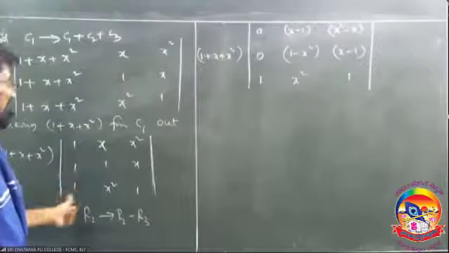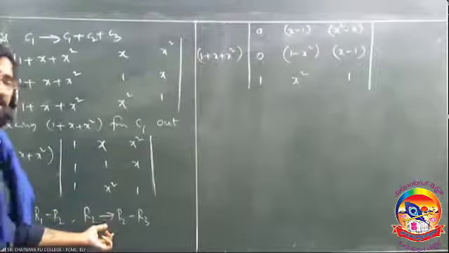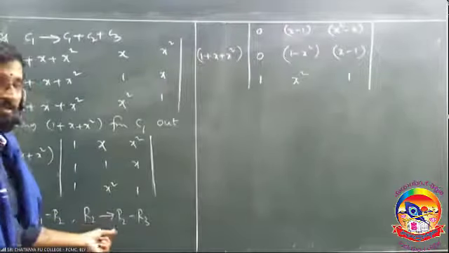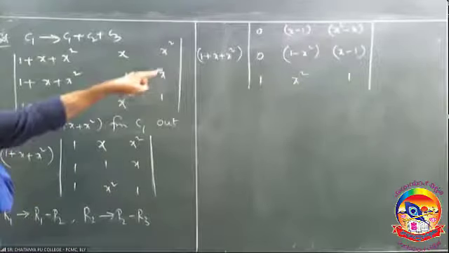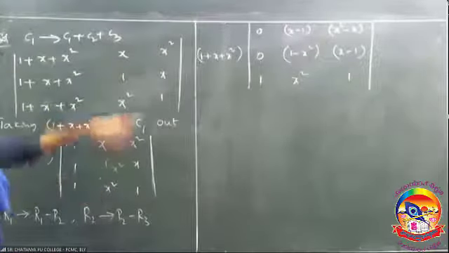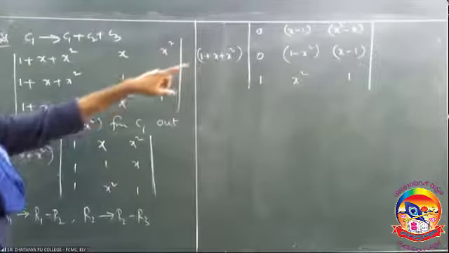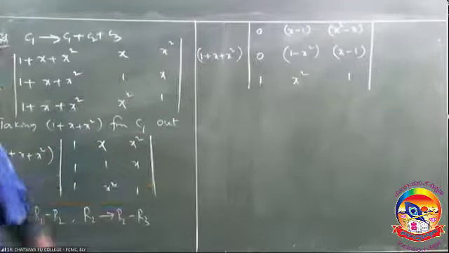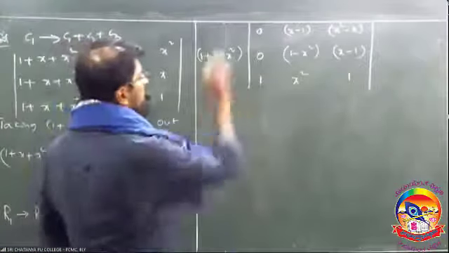And R2 changes to R2 minus R3, right? So 1 minus 1 value 0, 1 minus x square is the second element, x minus 1 is the third element, and R3 as it is. I think you understood it, right? Next step. Observe.